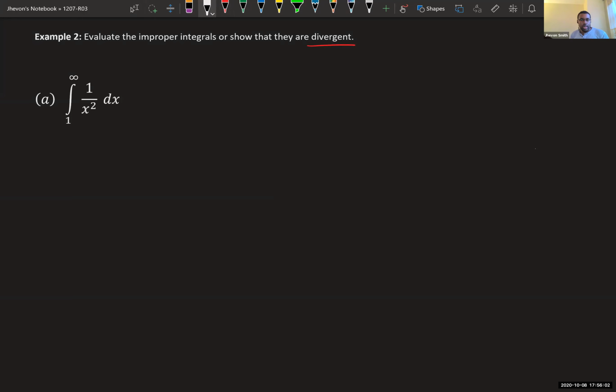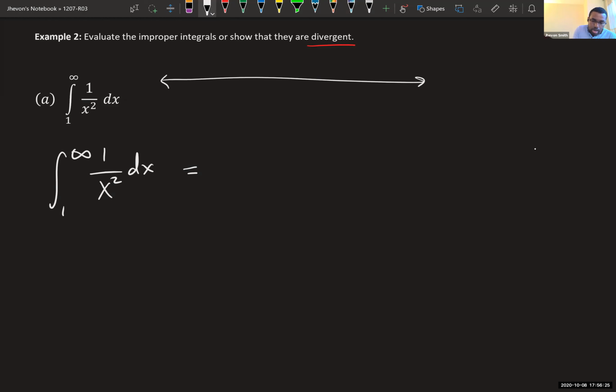I would identify this as an improper integral. The bad points are 0 and infinity. However, 0 is not in the interval I'm considering.